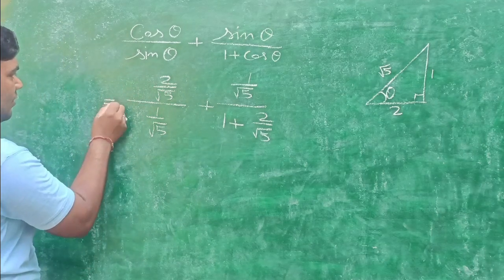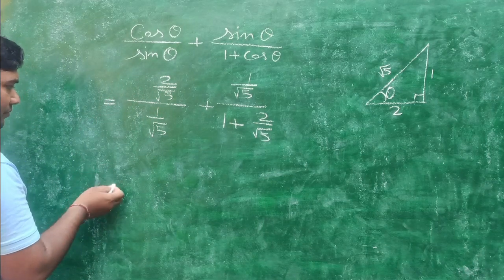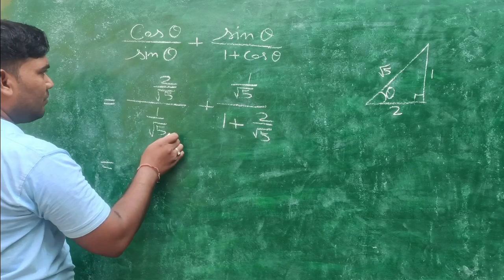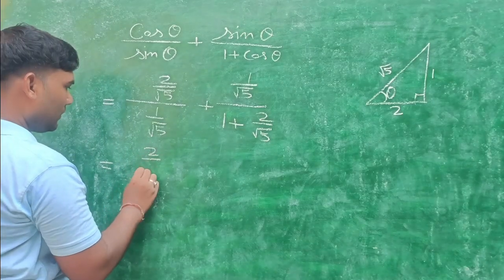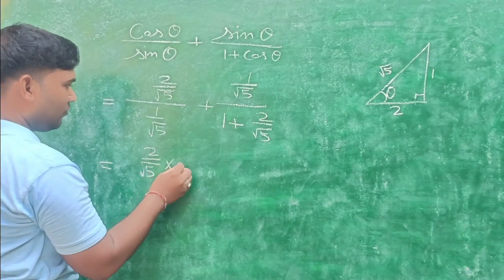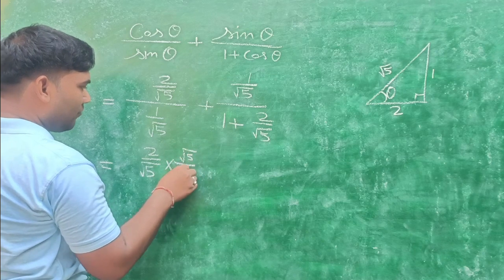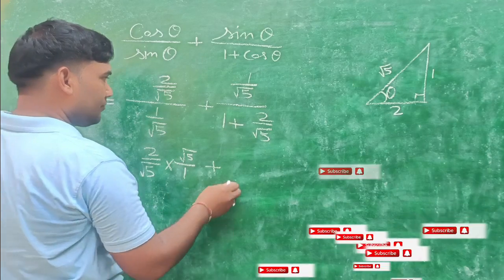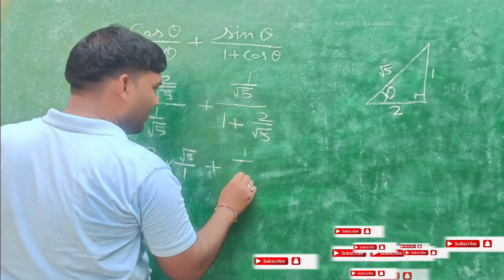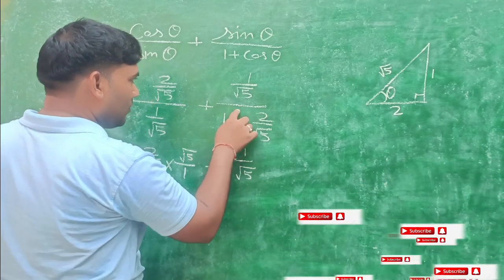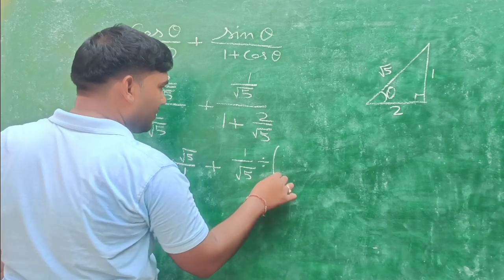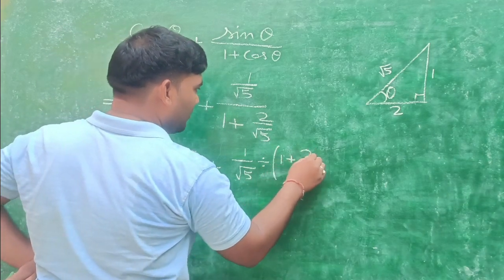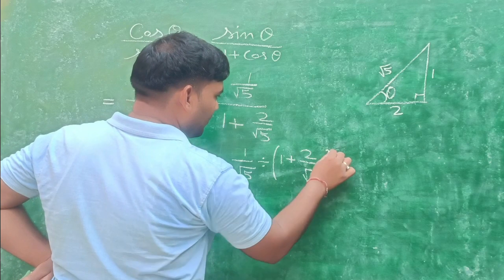Okay, dear student, now look here, we will solve this step. So here will be 2 upon root 5 into root 5 by 1. Okay, put your plus sign, and this will be 1 by root 5, put the divide sign here, and this will be like this, 1 plus 2 by root 5.